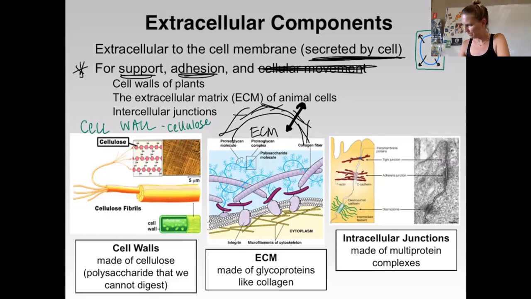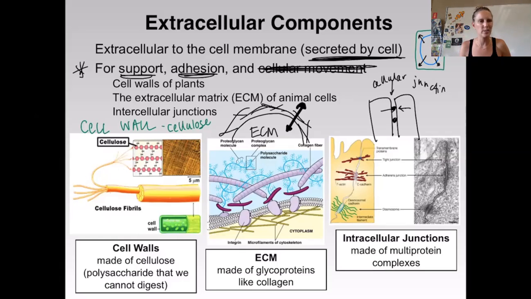That's the ECM. And then we have junctions, which if we have two cells that need to communicate with each other, they form kind of adhesion with each other. And those are the cellular junctions, right? And again, all of these are secreted out of the cell. So they're extracellular on the outside of the plasma membrane.